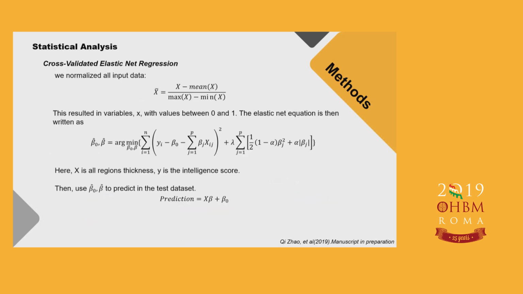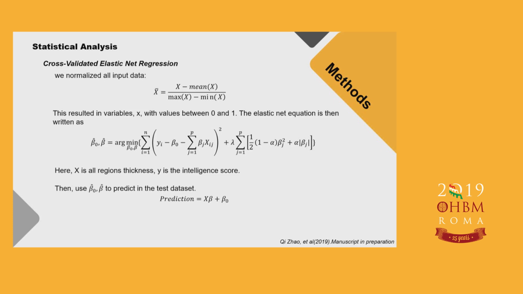And we also use elastic net regression to test whether cortical thickness can predict different kinds of intelligence across subjects. Elastic net enables data-driven regression analysis by enforcing sparsity of regression output values. In this case, alpha sets the degree of mixing between ridge and lasso regression, and beta is the shrinkage parameter.